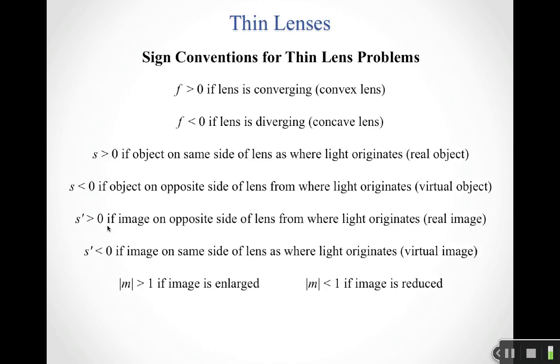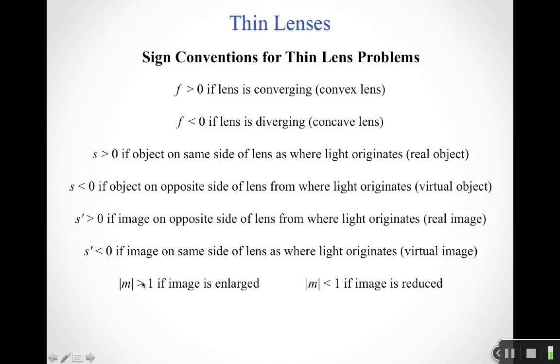In terms of thinking about the magnification, there are a couple of details that I get from that. We said whether my image is real or virtual is an issue of the sign of my image distance. Whether my image is enlarged or reduced is about the absolute value of the magnification.